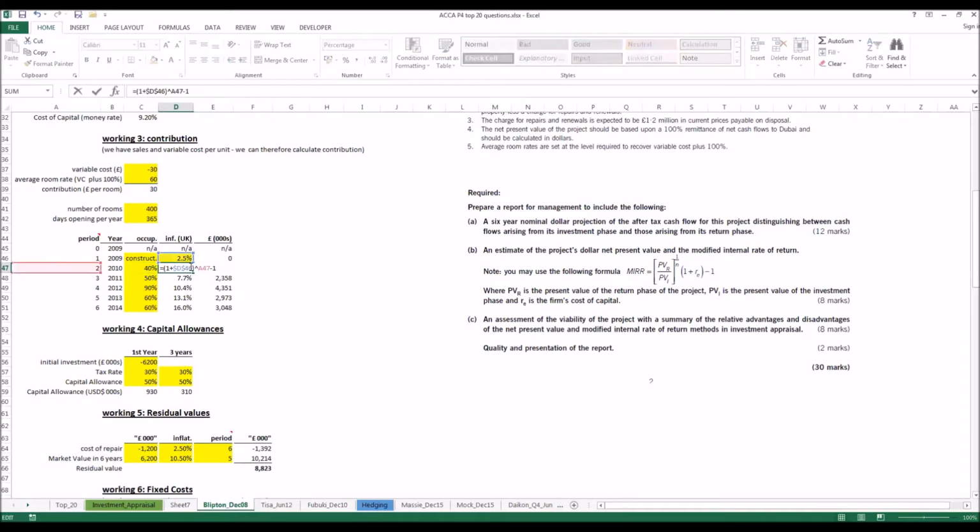To get the inflation rate, we had to keep in mind that this is compounded inflation. So 2.5% add 1 to the power of 2. So that's inflation, provided that we say keep it constant at 2.5% year on year, the compound rate is going to increase.